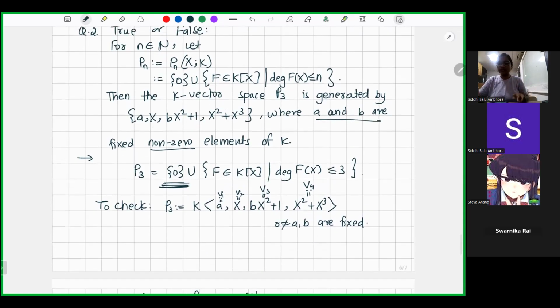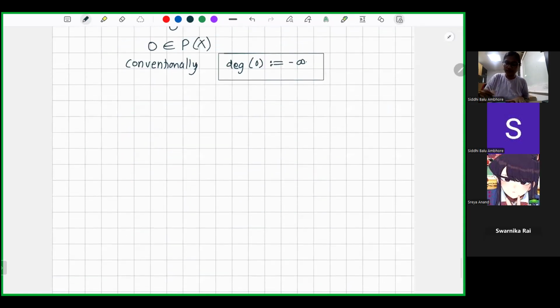And now we need to check whether this P3, sorry, not this P3, whether this is generated by this, let me just write it like this: x, x square plus 1, and x square plus x cube. I need to check whether this is equal or not.